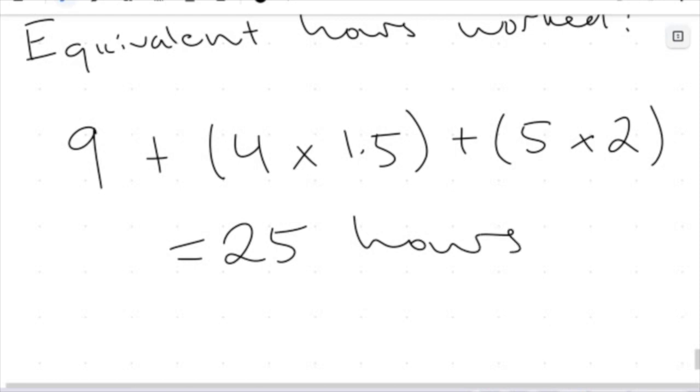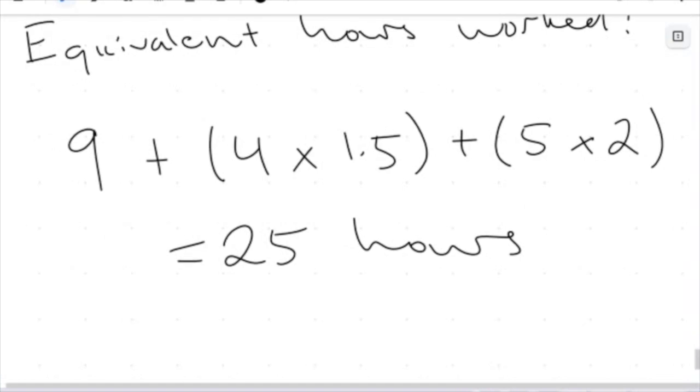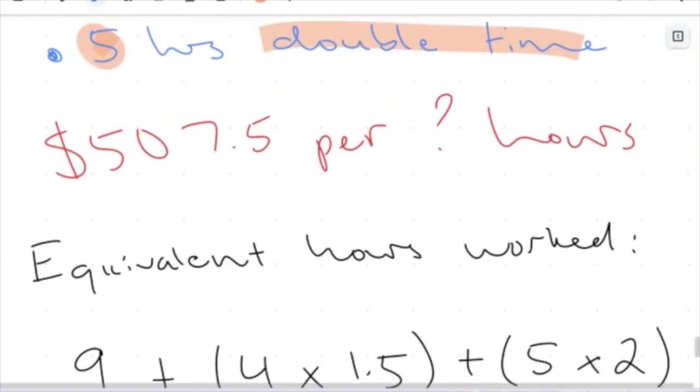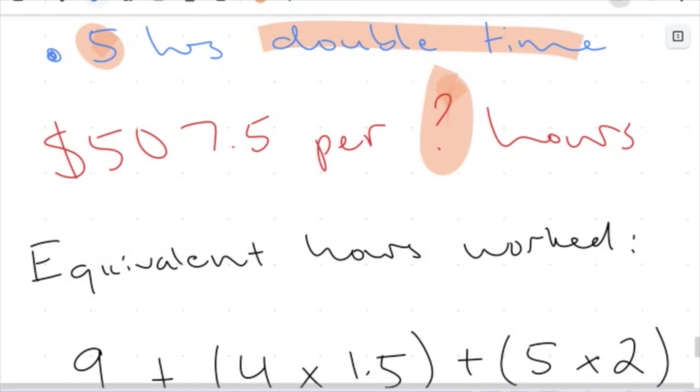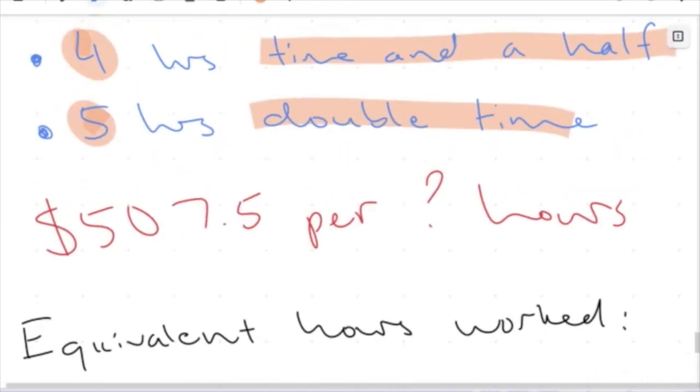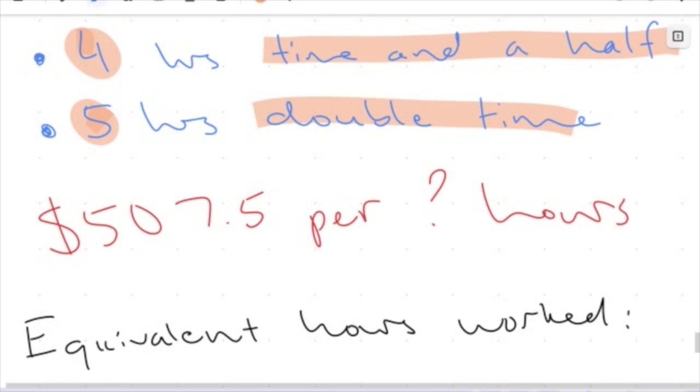That means your 25 hours is the total amount of equivalent hours you would have worked here, because an hourly rate is just your normal rate per hour. These extra things, we want to find the equivalent amount of hours for that. So 4 hours at time and a half is equivalent to working 4 times 1.5 hours. 5 hours at double time is equivalent to working 5 times 2 hours.